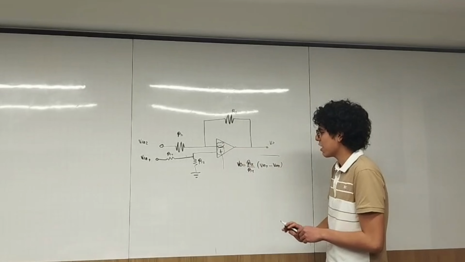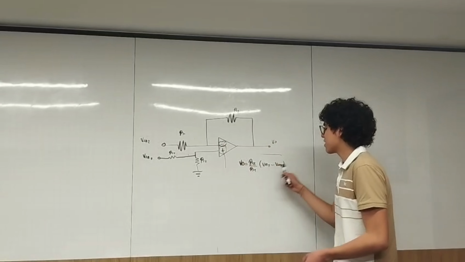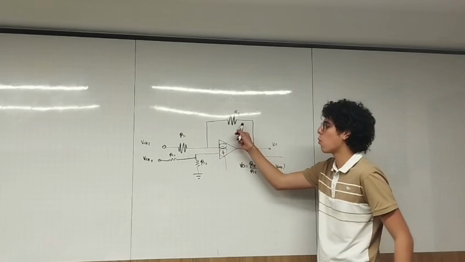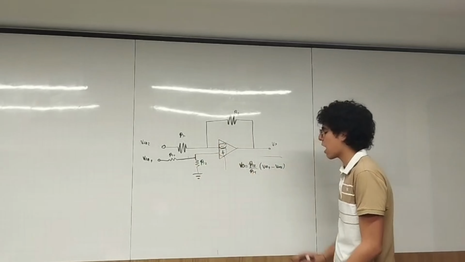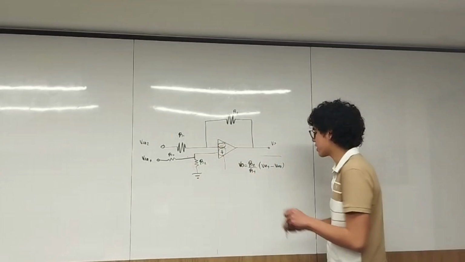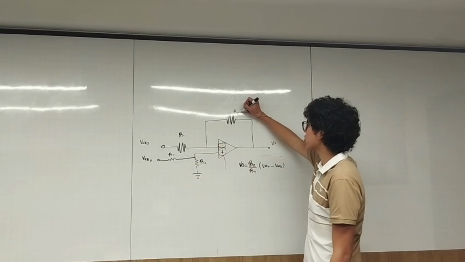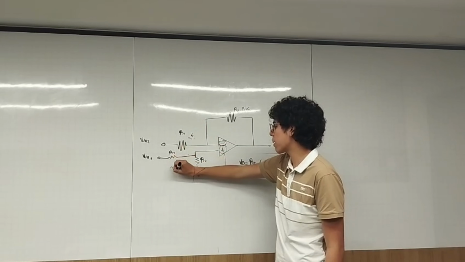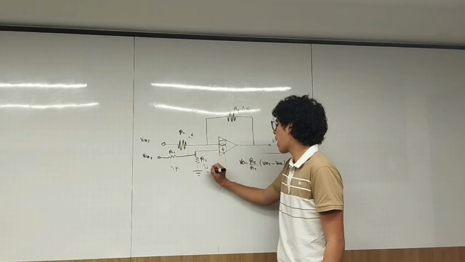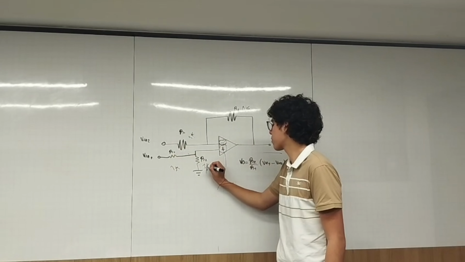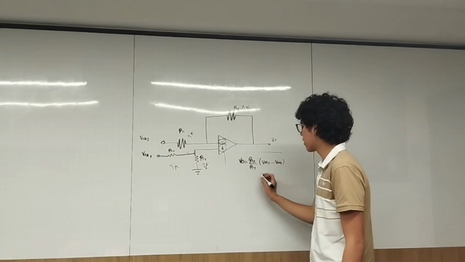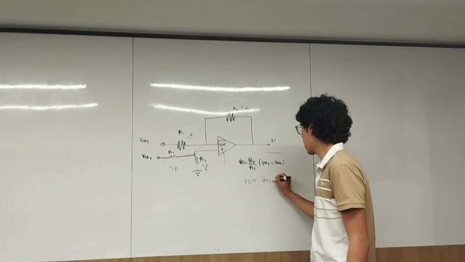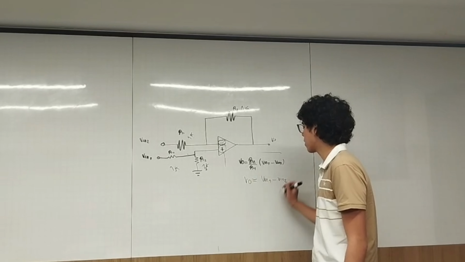So, in fewer words, this makes the difference between them, amplified by what we put in the different resistors. But if we only want the differences, we can put all the resistors at the same value: 1K, 1K, 1K, 1K, and V output is going to be V input 1 minus V input 2.